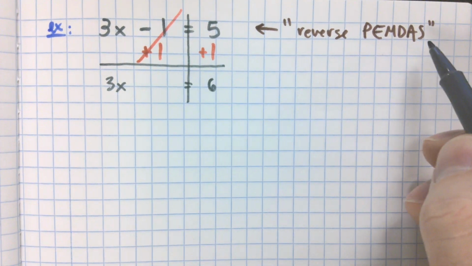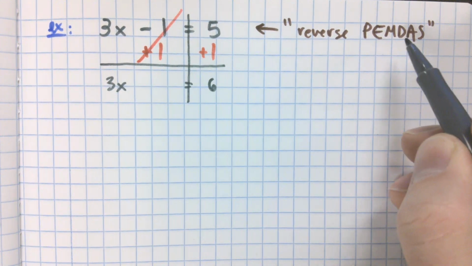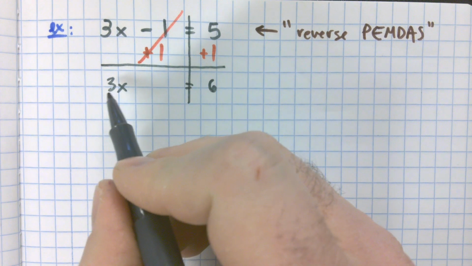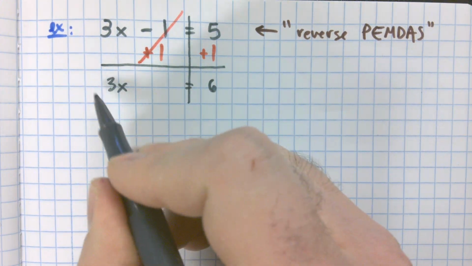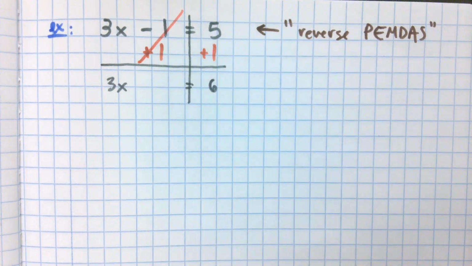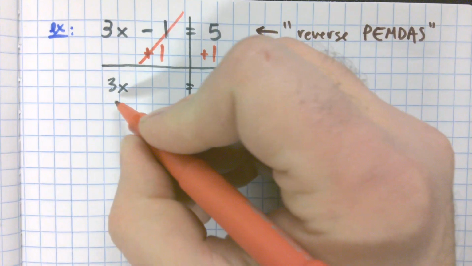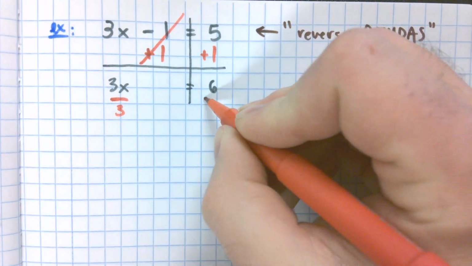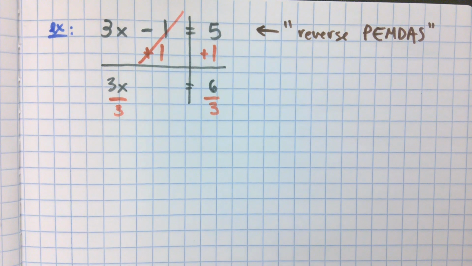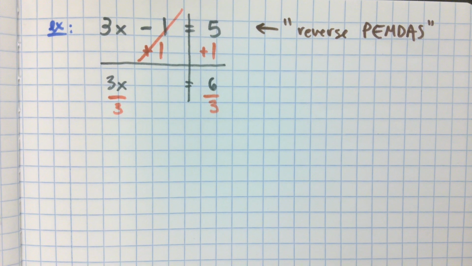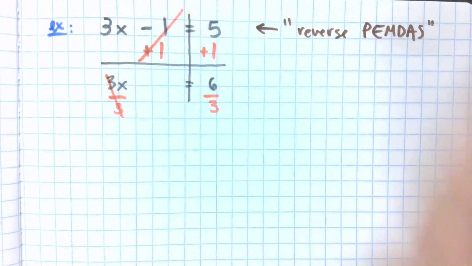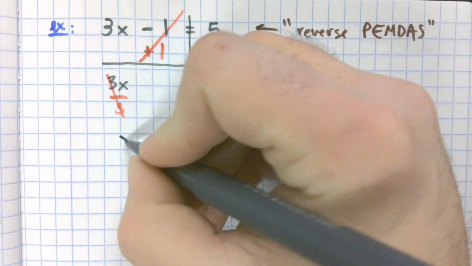Now that we've got rid of our addition and subtraction, we've got to worry about our multiplication and division. We see that we're multiplying x by 3. What would the inverse of multiplying be? Dividing. Divide the left by 3, and we divide the right by 3. 3 over 3 cancels out, leaving us with x.